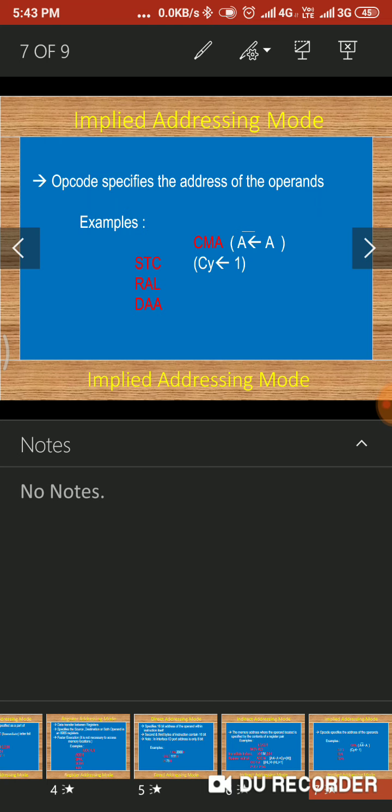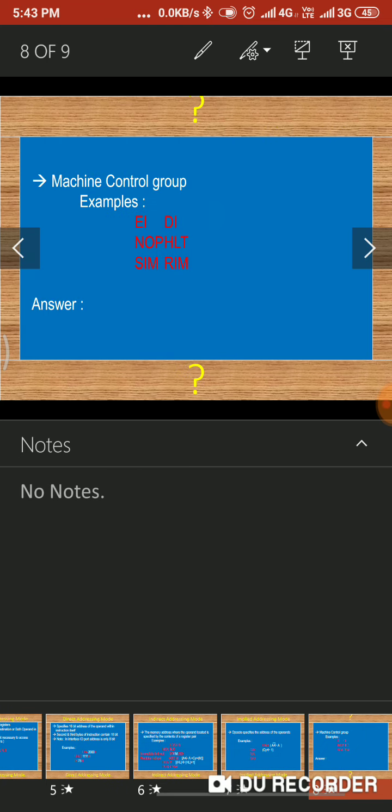Okay, it's clear. Next is just a small example, the machine control group: EI, DI, NOP, HLT, SIM, RIM. EI means enable interrupt, DI means disable interrupt, NOP means no operation, HLT means halt.